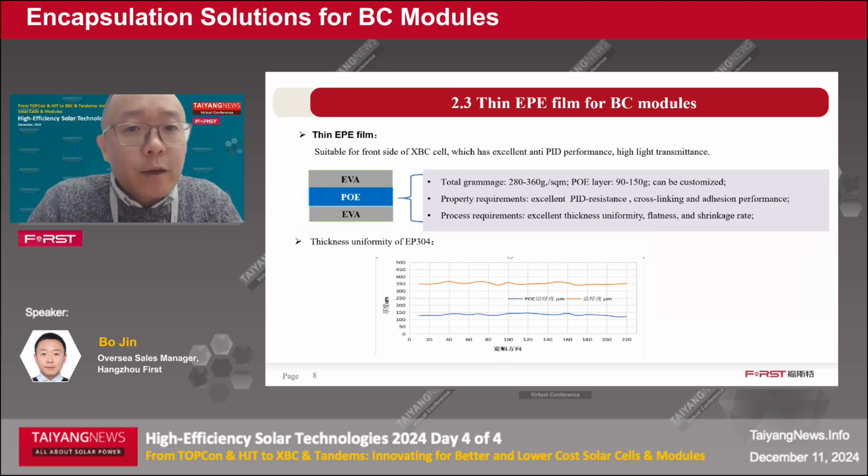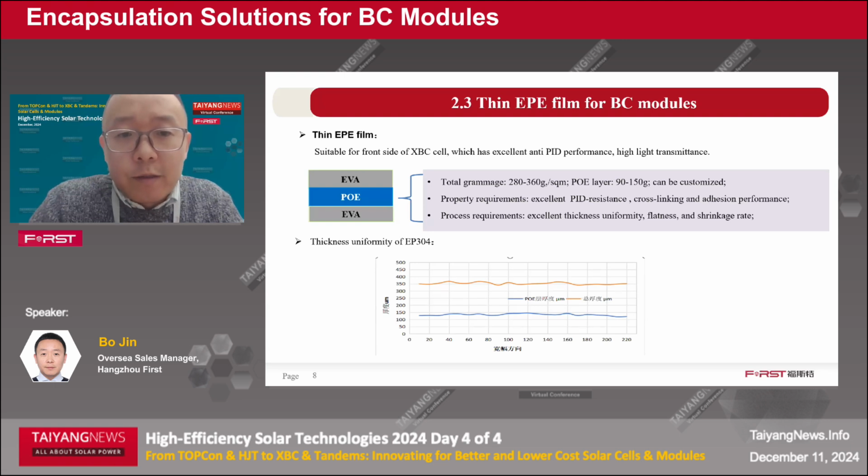And a bit more introduction about the EPE film material. This is also suitable for the front side of the BC cell, and it can also bring good anti-PID performance and high light transmittance. And as I introduced, it is 3-layer material, and the POE layer we could guarantee can be modified or customized from 90 to 150 GSM, and the total EPE material can keep 280 to 360 grammage.